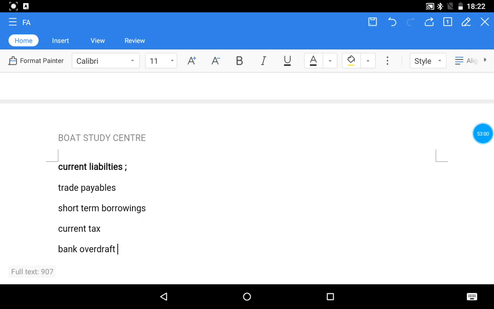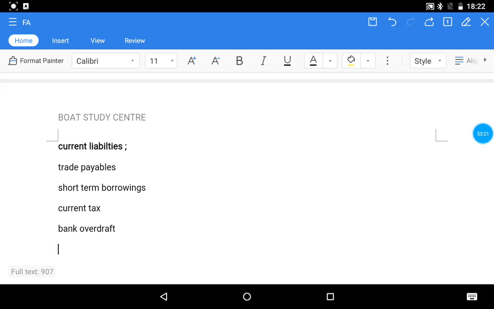Then we also have owner's equity. What do you mean by owner's equity?